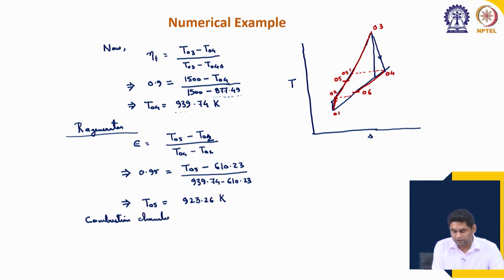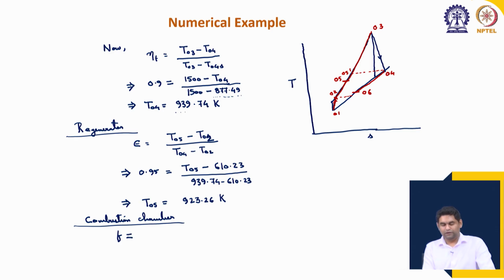Combustion chamber calculation. We will do the energy balance, and we have done that in the previous class. So, to save time I will directly write. So, fuel air ratio is equal to, from energy balance, please do the energy balance, CPG T03 minus CPA T05 in this case, because that is the inlet temperature.